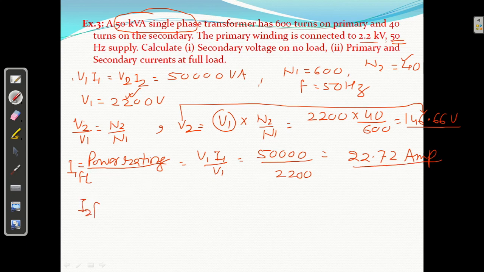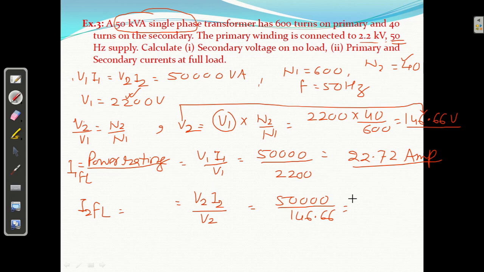Similarly, how to find I2 full load? Power rating is V2 I2. If you divide it by V2 you will get I2. So 50,000 divided by what? V2 is 146.66. So 50,000 divided by 146.66.